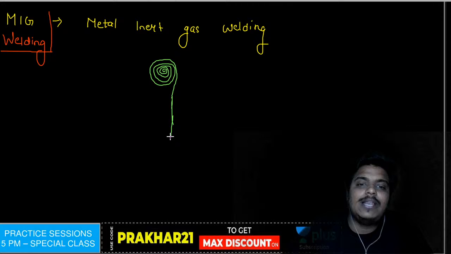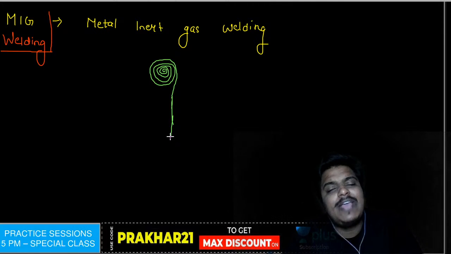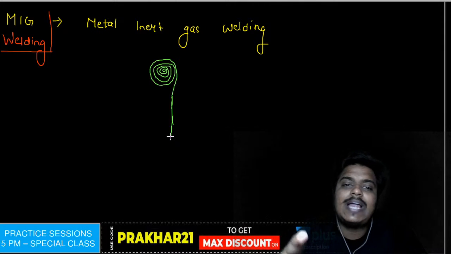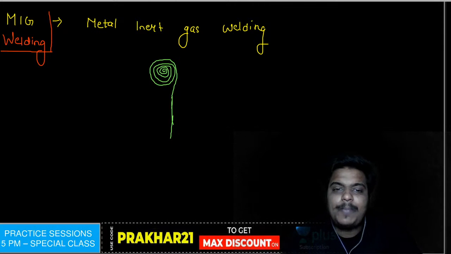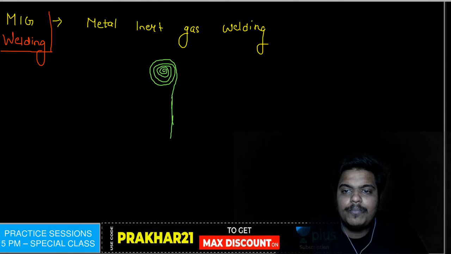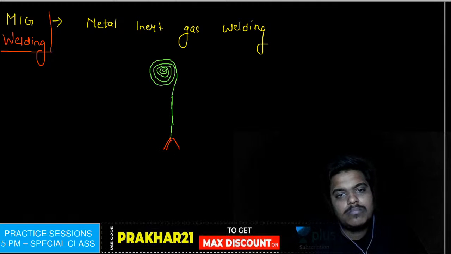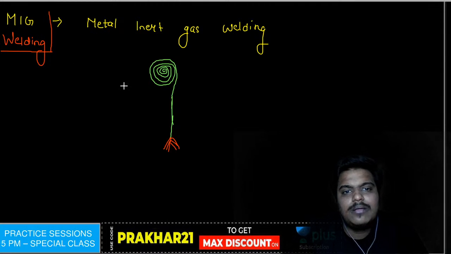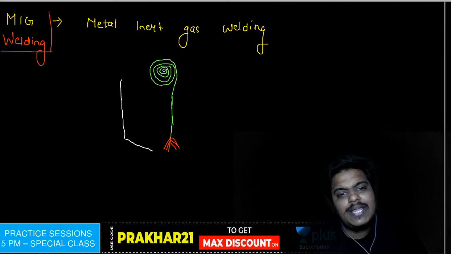We want some other metal, and since it is melting again and again, we have to change the electrode, as we saw in submerged arc welding. Yes or no? So that is why I am using a wire electrode. The process is almost the same. Look, this is a wire electrode. Here you have an arc. This red one is your arc, and now you have the shielded gas area.